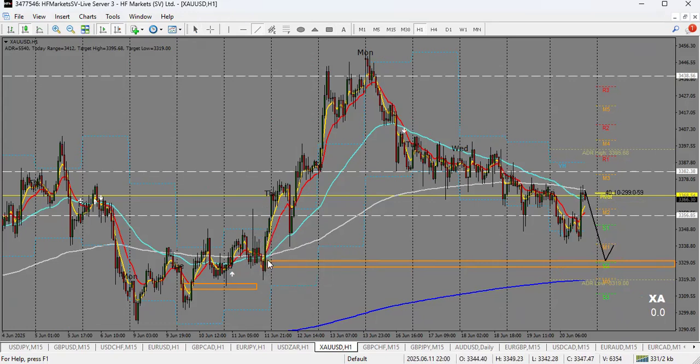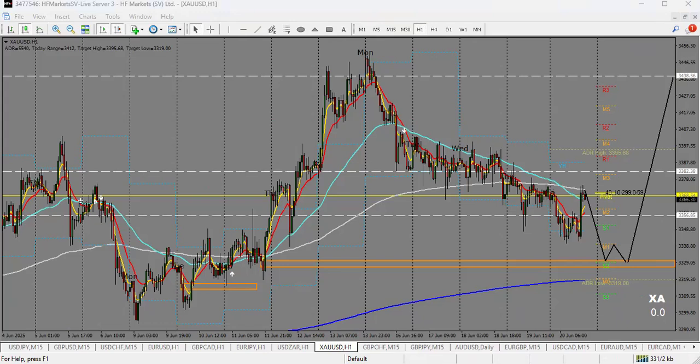So we have the fair value gap there, so an imbalance will be filled. And that is where I expect the peak formation low and for price to continue going up.